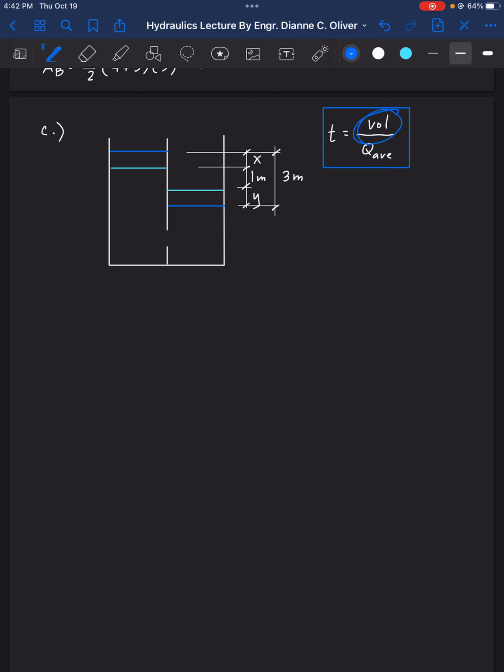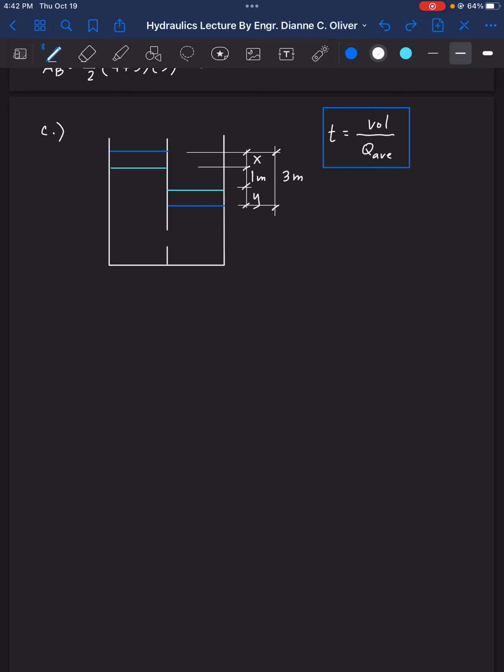So we're asked for the volume of the liquid here, the change in elevation, and what's that volume there? So we need to find the value for X and Y.